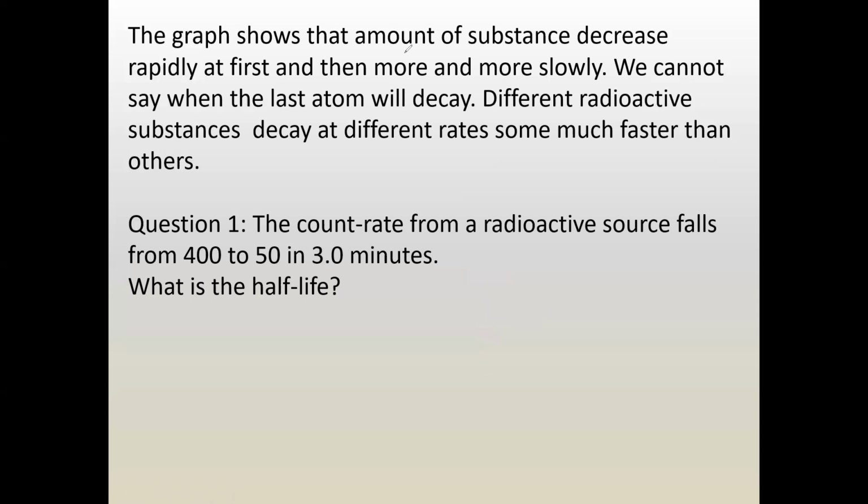So if you have 400 radiations in the beginning, then after the time when it becomes half, which we call the half-life, 400 will become 200. Then after another half-life, 200 will become 100. Then after another half-life, 100 becomes 50.